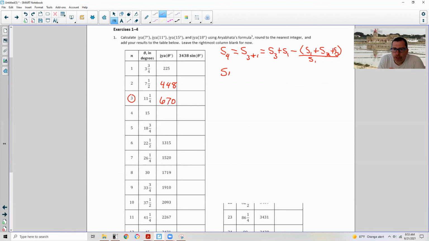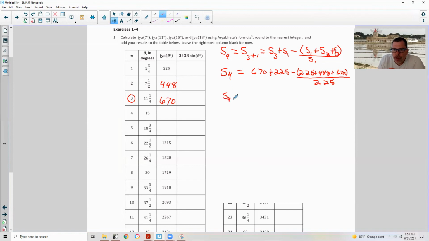So S sub 4 is going to equal S sub 3, 670, plus S sub 1, minus S sub 1, which is 225, plus S sub 2, which is 448, plus S sub 3, which is 670, which is our S sub n. So that's where we stop, divided by 225.